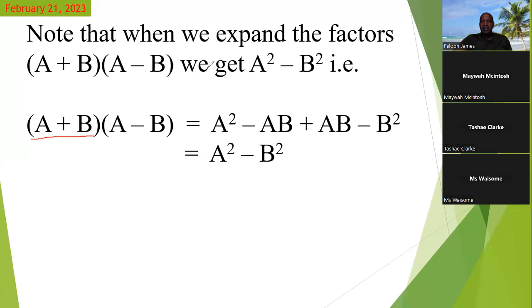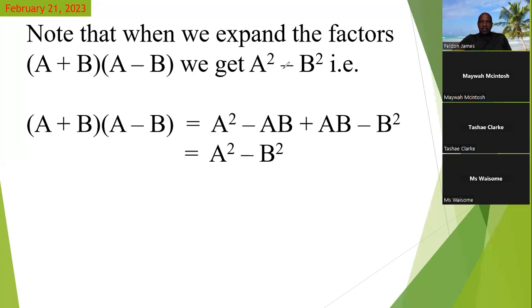Now, because this is pretty much straightforward, we just tend to memorize the fact that if we have a difference of squares and we factorize it, we get back this. So with that said, we are now going to think of this as a formula.